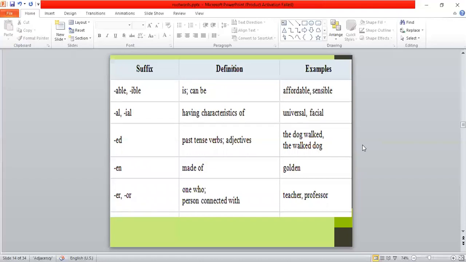Suffix ed: past tense verbs or adjectives. The dog walked, the walked dog. Suffix en means made of. Golden. Er and or mean one who, person connected with, for example, teacher, professor.